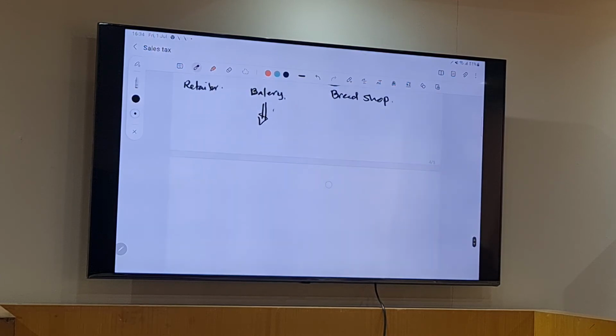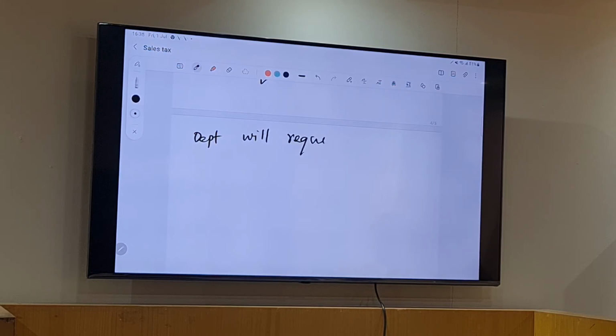So the department will require tax on input and output. The department requires tax on what? Input and output.